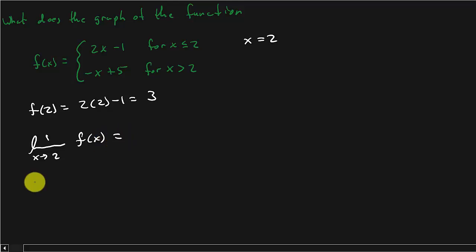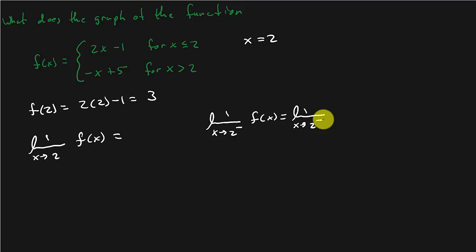So let's do it right here. The limit as x approaches 2 from the left of f of x is equal to the limit as x approaches 2 from the left. Now, if I'm coming in from the left-hand side, that means I'm coming in with values less than 2, right?